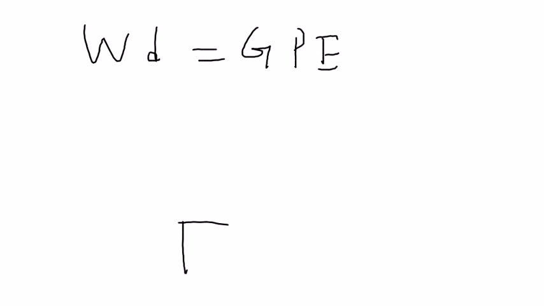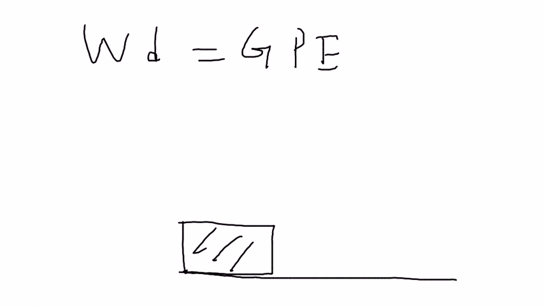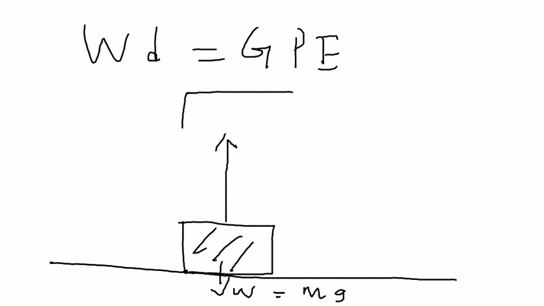Example, let's say we have an object on the ground, and there's a weight W acting downward, and we know weight equals mass times gravity. Now when we move the object upward to a certain position, you definitely need a force which is at least equivalent to W, the weight of the object.